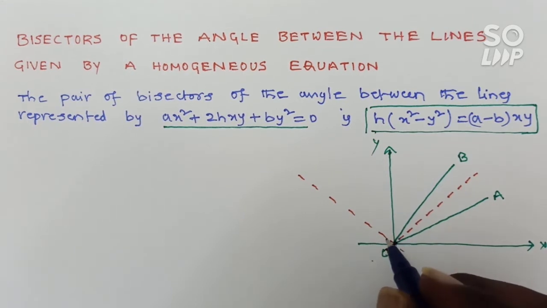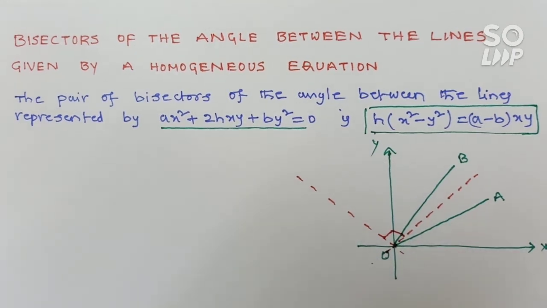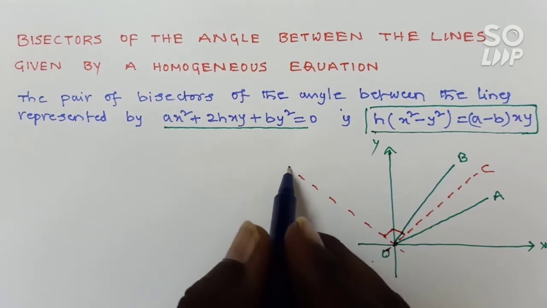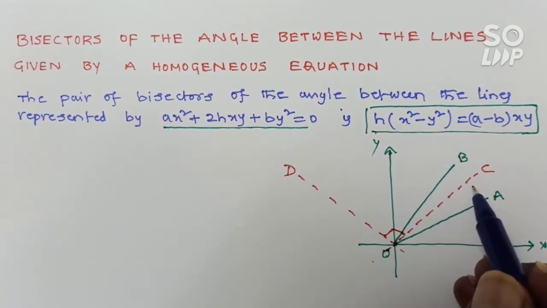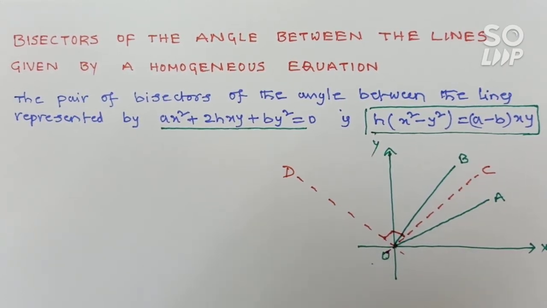We know that angular bisectors are always perpendicular, so these two lines are perpendicular. Let this one be C and this one be D. Here OC is the internal angular bisector and OD is the external angular bisector.